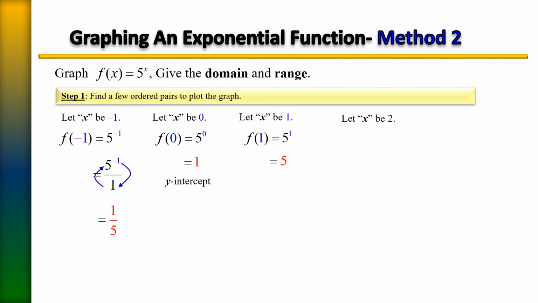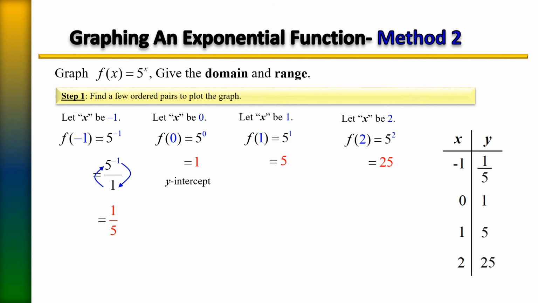Lastly, remove the x and replace it with 2. 5 squared equals 25. That gives us an output of 25. And so there we have our ordered pair solutions: negative 1, 1/5; 0, 1; 1, 5; and 2, 25.